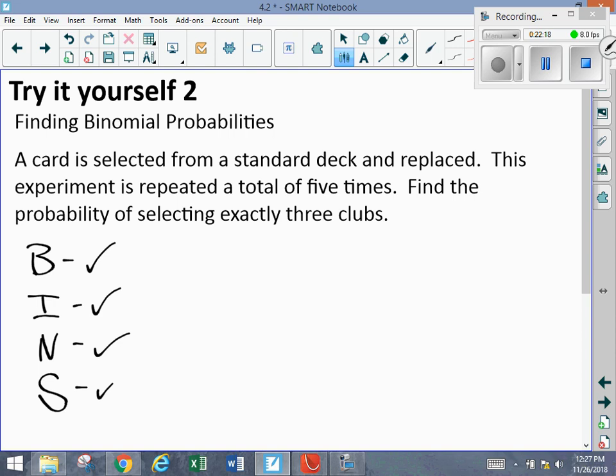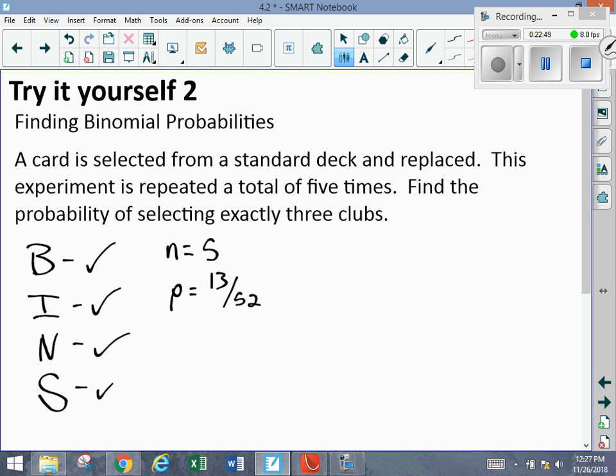All right, so then what is n? Our number of trials. 5, right? We're doing it 5 times. How about the probability of success? Yeah, there are 13 out of 52.